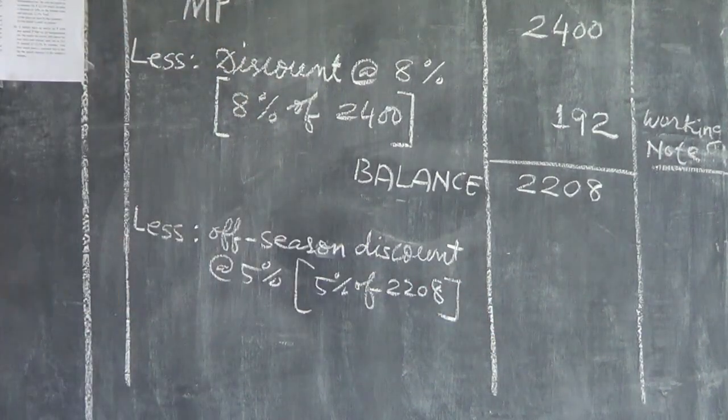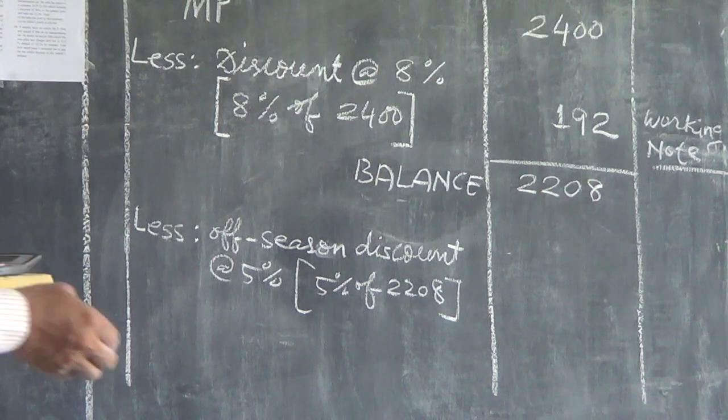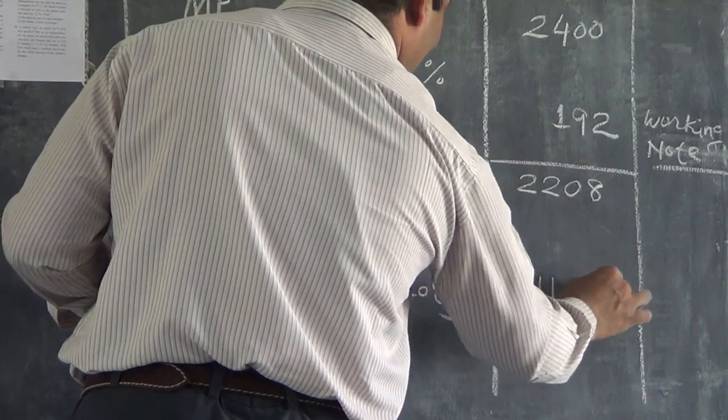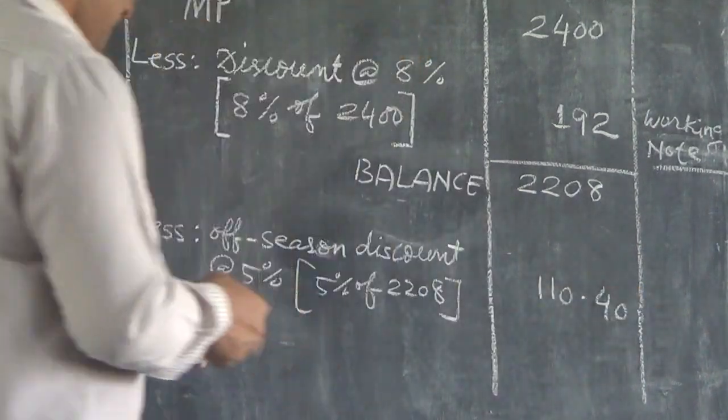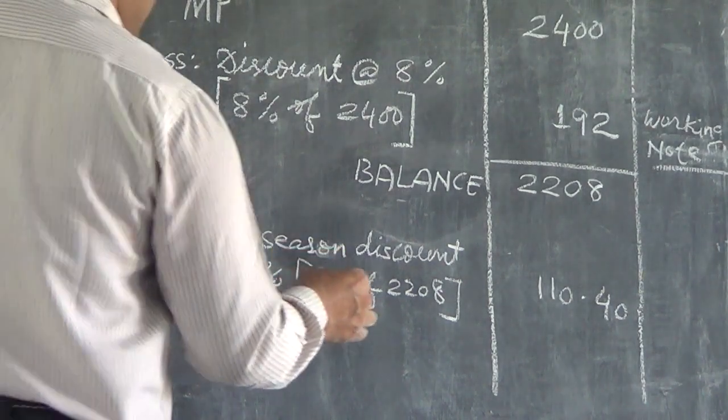So 2208 into 5% is 110.40, and then what happens, children?